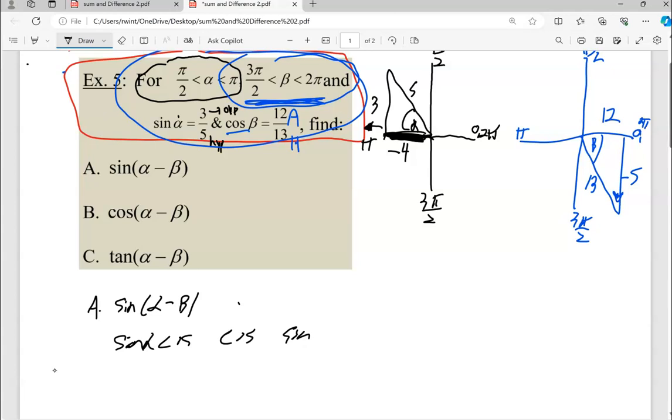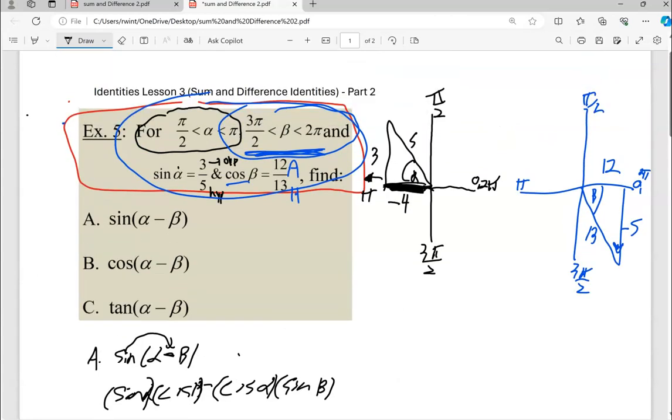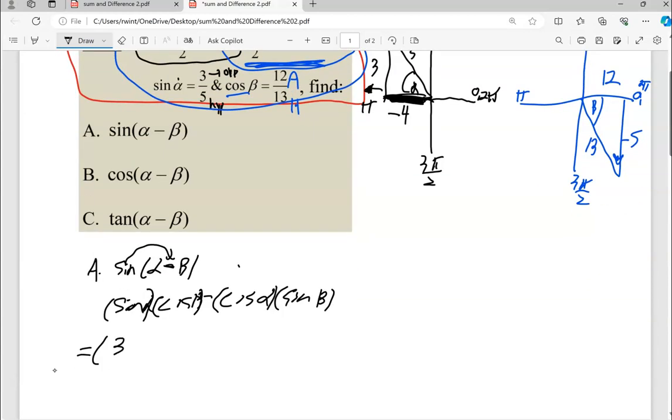And it goes angle alpha, angle beta, alpha, beta. I'm going to put those in parentheses because I know I'm going to multiply stuff. And then the sine will keep its sign. And from here, I'm just going to go sine of alpha. Well, here's triangle alpha. Sine is opposite over hypotenuse, 3/5.